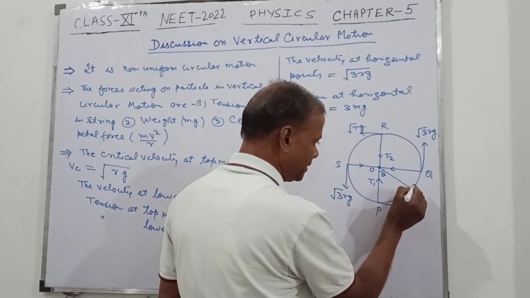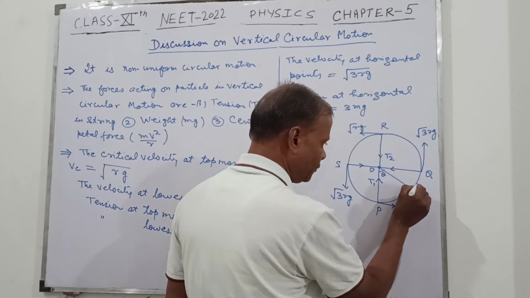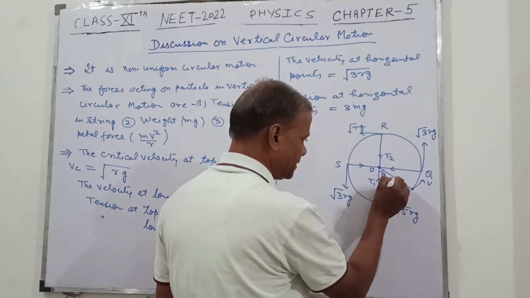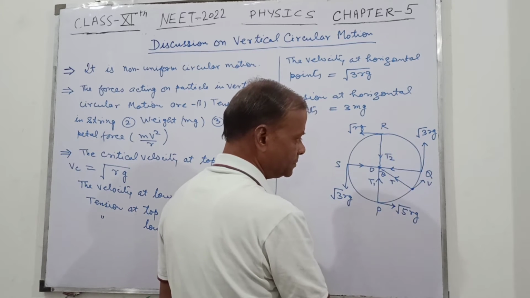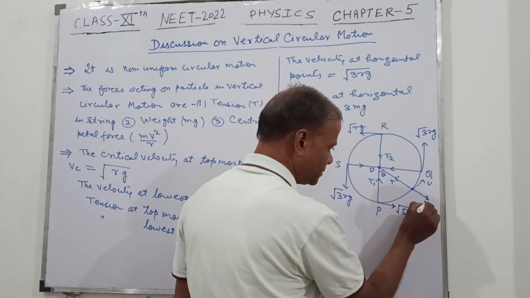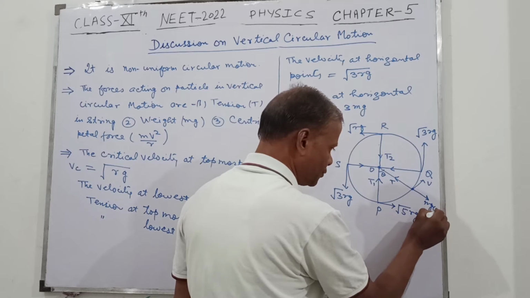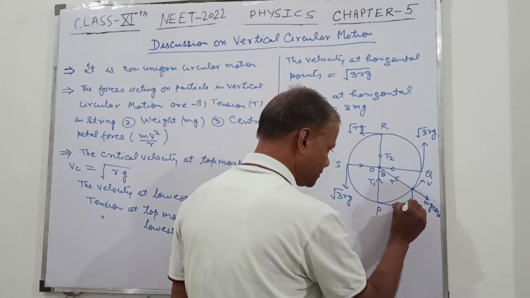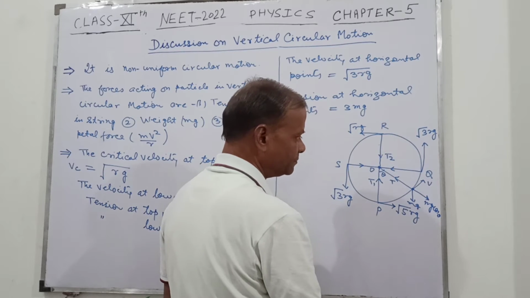Here is the particle. It has the velocity v like this. It has the tension T. Then this is the component mg cos theta. This is the weight mg.